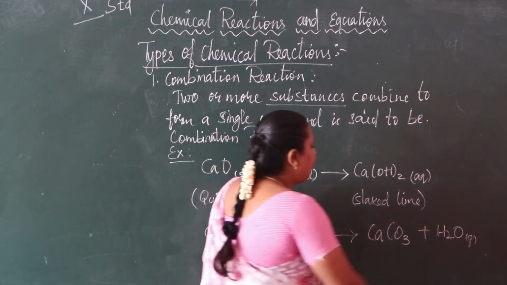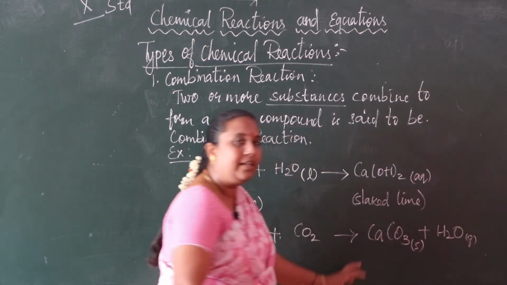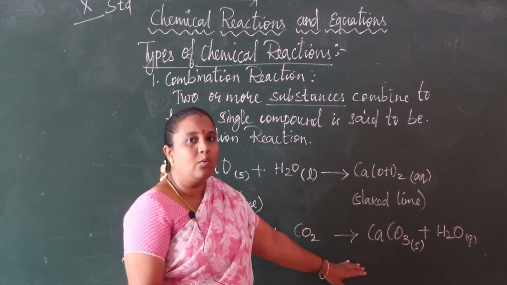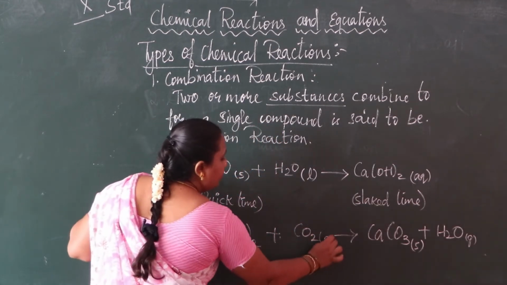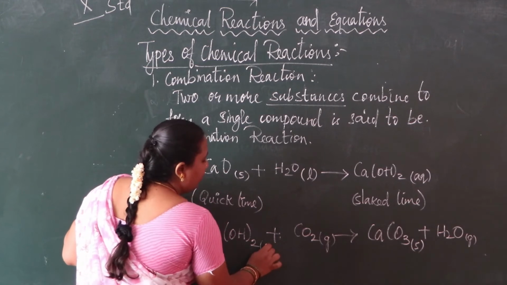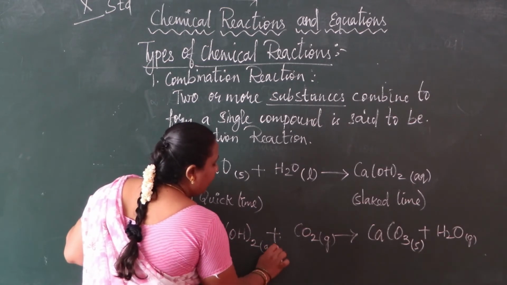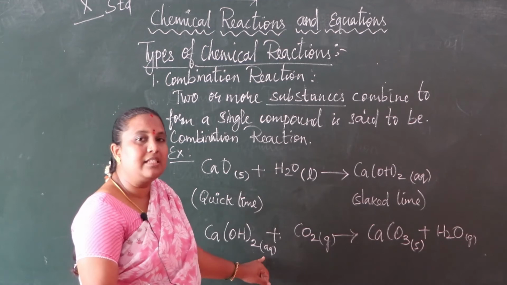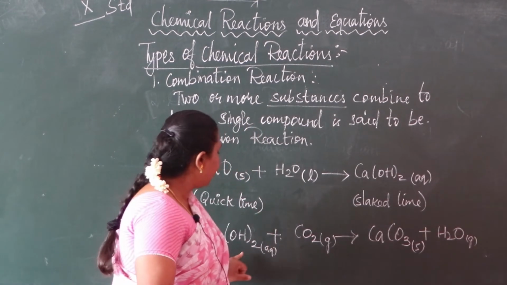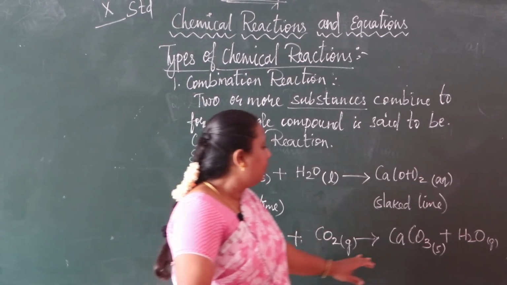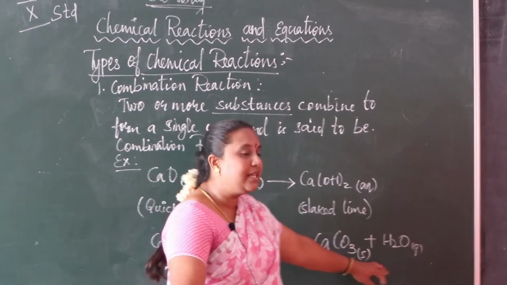Calcium carbonate is a solid lying on the walls. Is it right, children? Carbon dioxide is also a gas. The calcium hydroxide is an aqueous solution, in the form of wet. Here carbon dioxide reacts with calcium hydroxide and we get calcium carbonate plus water.